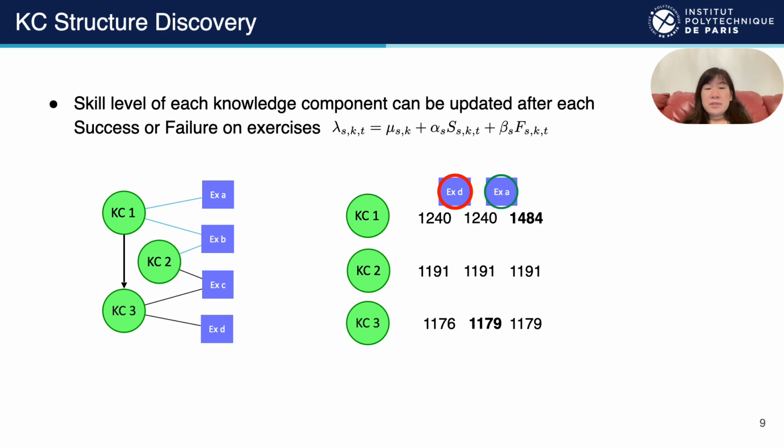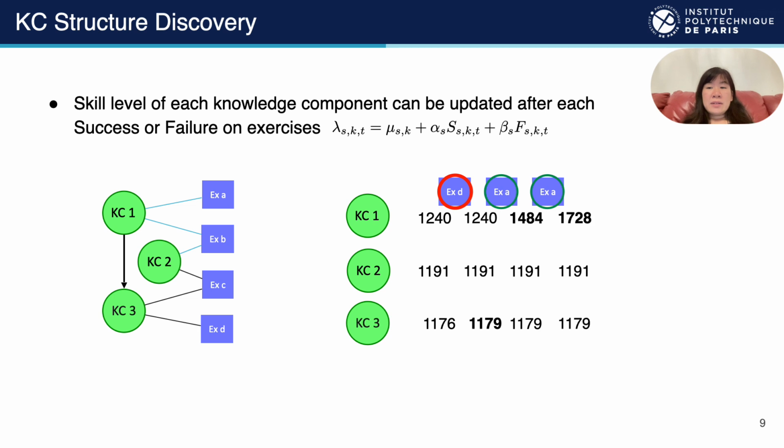After succeeding on exercise A, then we can update and see that because exercise A is training on KC1, the lambda of KC1 is increased.